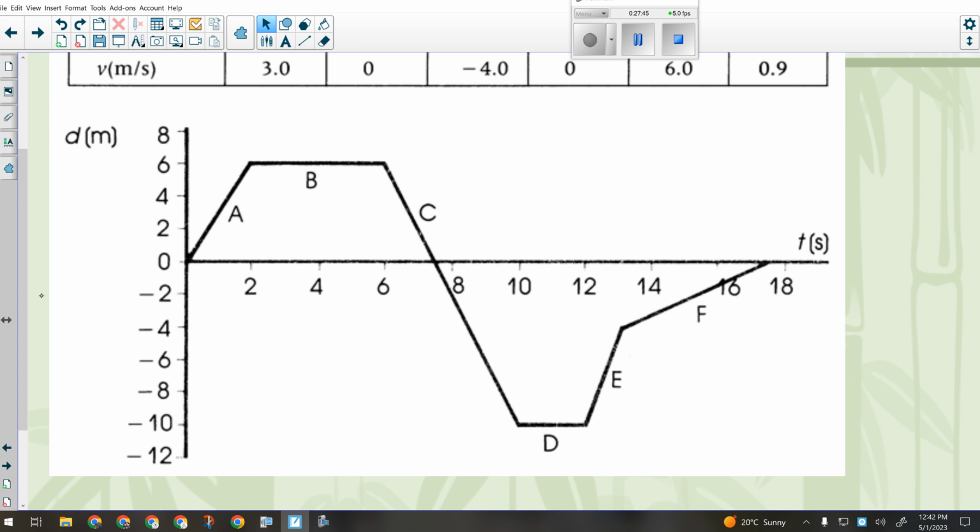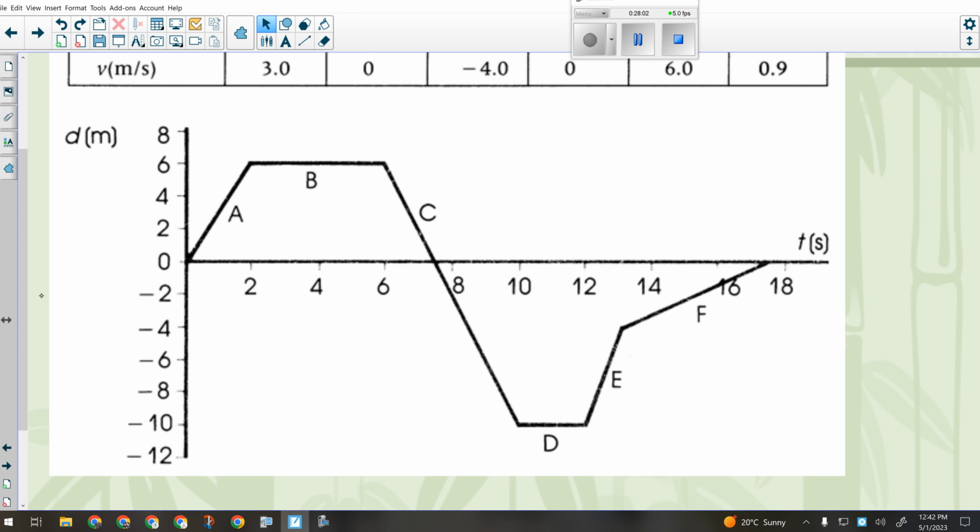E, because it covers more ground in less time. Yep, E because the line is steeper. Steeper line means going faster, because the slope is in meters per second. The steeper the line, the greater the meters per second.